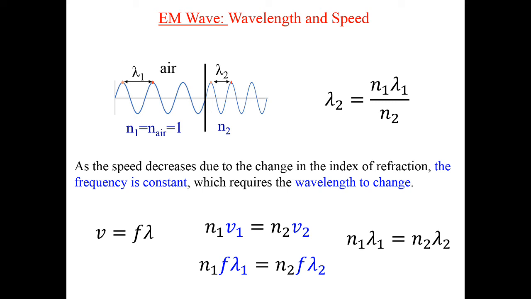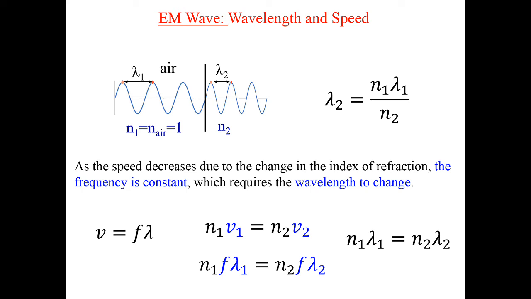In our case, the first material was air, so n1 is 1, so you divide the wavelength by n2 to get the new wavelength. That means the larger the index of refraction, the smaller the wavelength. This should make sense because the larger the index of refraction, the slower the speed of light, so the slower the light, the smaller the wavelength.